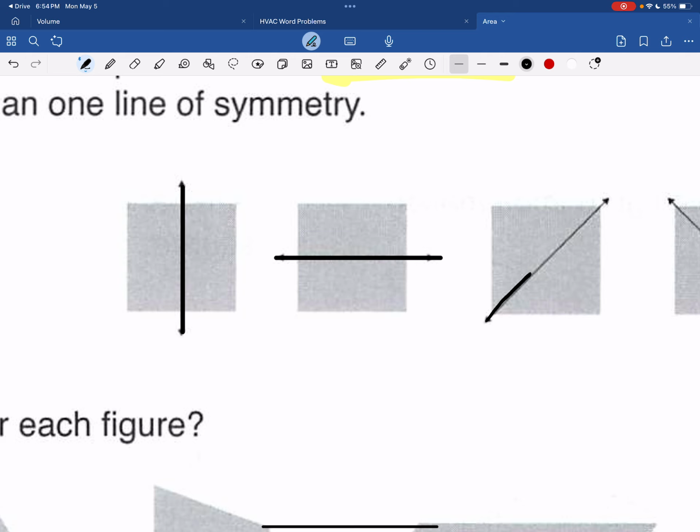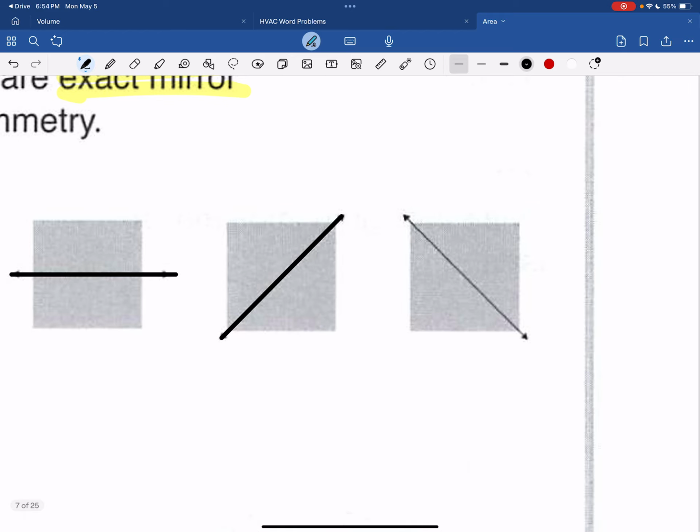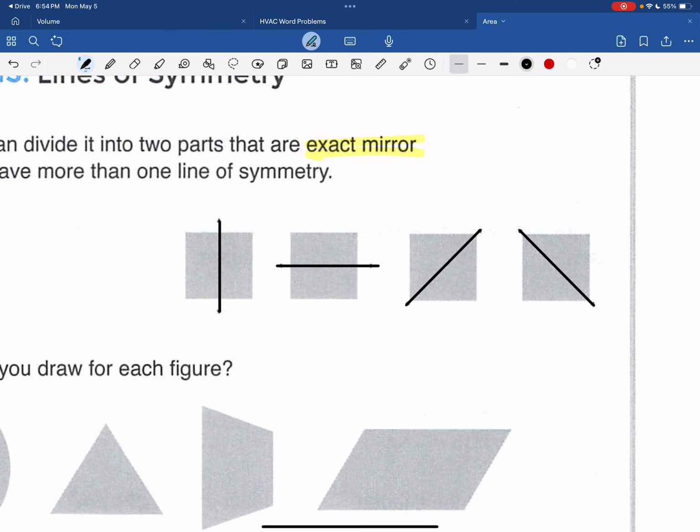And then here's a diagonal, and then you have a diagonal with a negative slope. So all of those divide that square into mirror images. The more equal something is, the more you can get symmetry from it. Squares are equal all around. They're equilateral shapes.